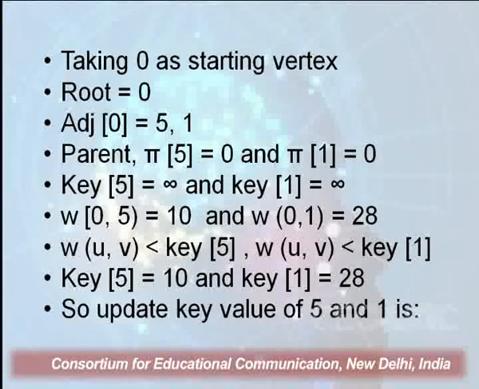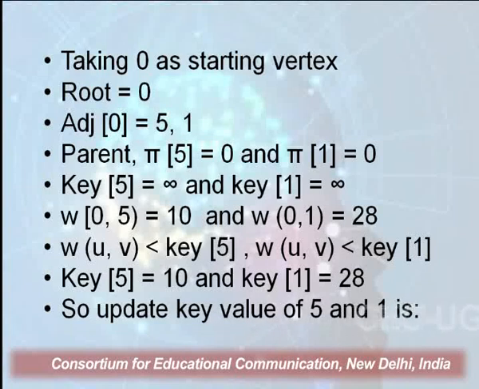Now what is happening? We have taken 0 as a starting point and look at its adjacency list, which is 5 and 1. Because we are considering vertex 5 and vertex 1 as the vertices in the adjacency list of 0, we will say the parent of 5 is 0 as well as the parent of 1 is 0.